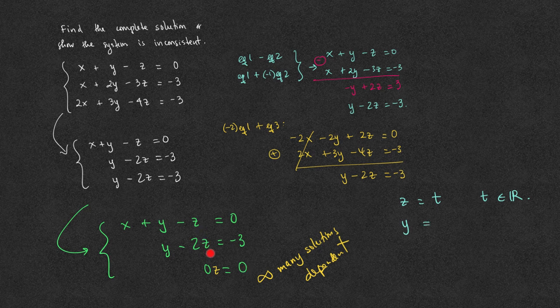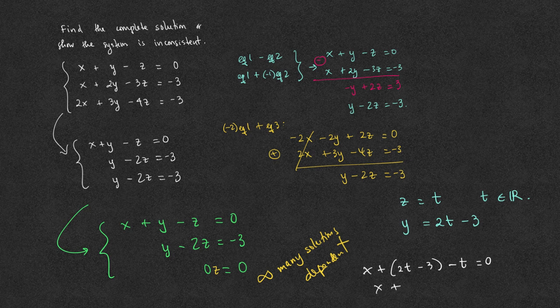If z equals t, then y is 2t minus 3. We simply substitute z with t, so y minus 2t equals negative 3 gives y equals 2t minus 3. And then we perform a back substitution where we use the first equation, x plus y is now 2t minus 3, and z is t, and we isolate x in terms of t.